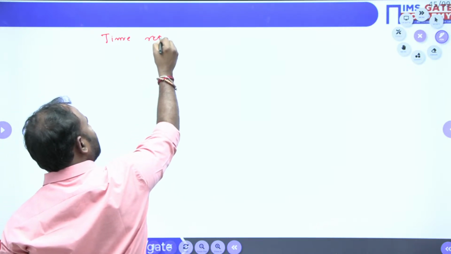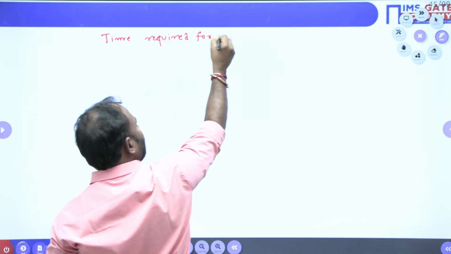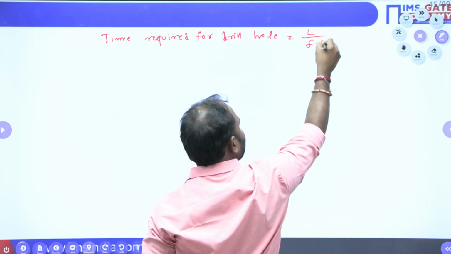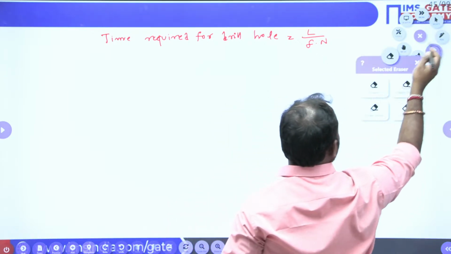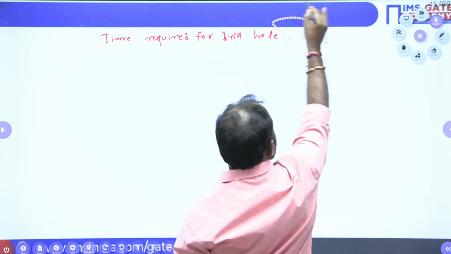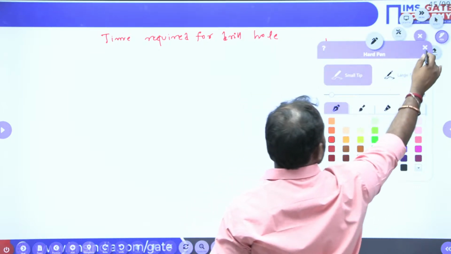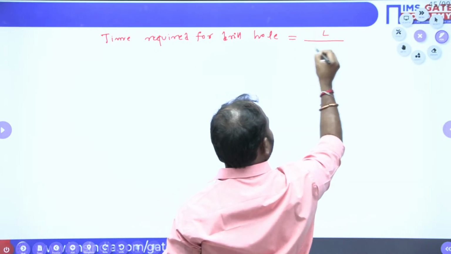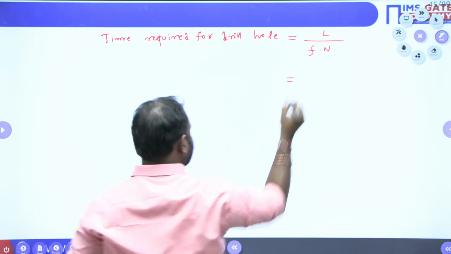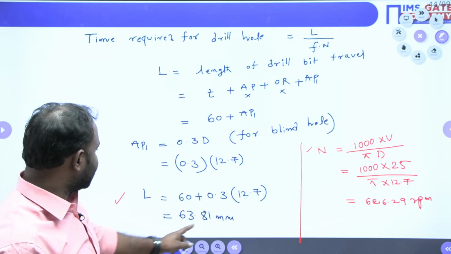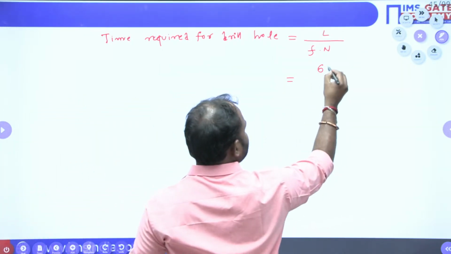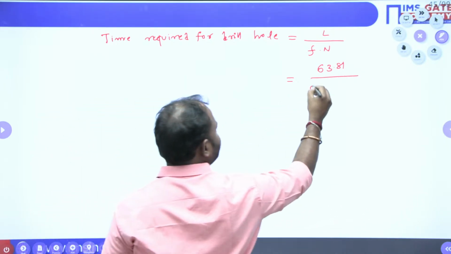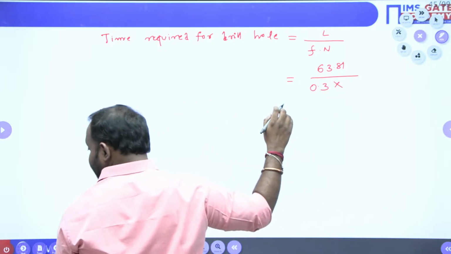Time required for drill hole is L by F dot N. L is 63.81, and F is 0.3 into 269.59.